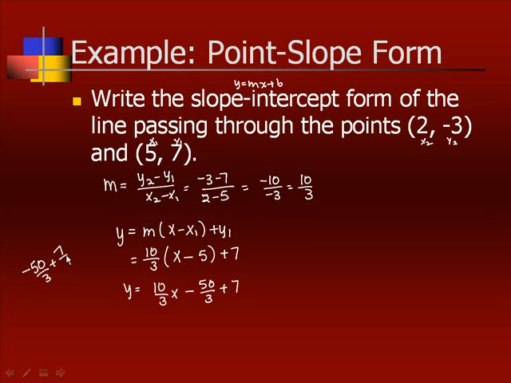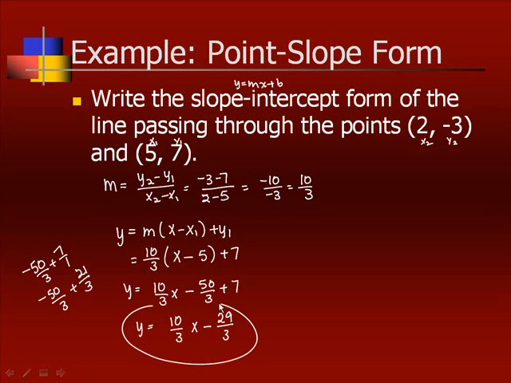Negative 50/3 plus 7 over 1. We need an LCD of 3, so that's negative 50 plus 21 over 3. So we get y equals 10/3 x, and negative 50 over 3 plus 21 over 3 would give us negative 29 over 3. This is slope-intercept form of the line.